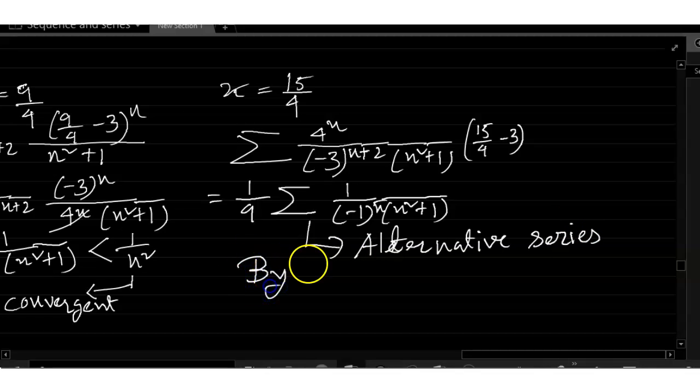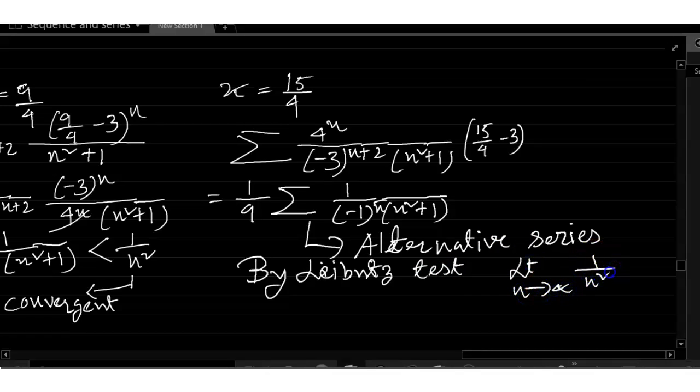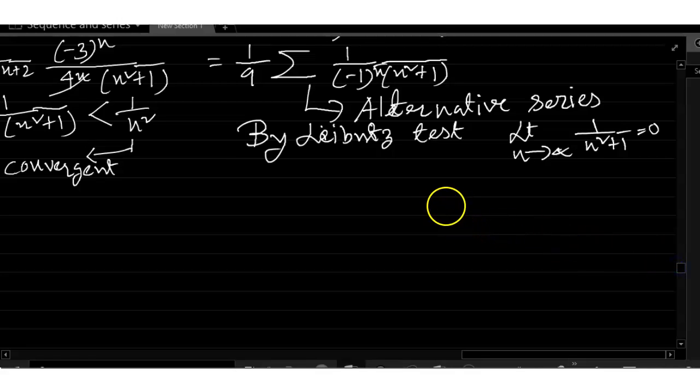By the Leibniz test, limit n tends to infinity 1 by n squared plus 1 equals 0.